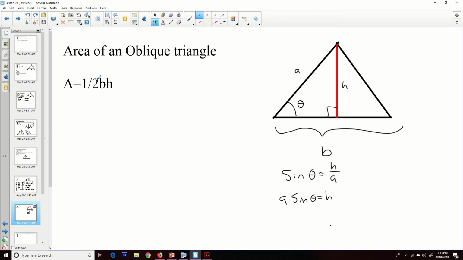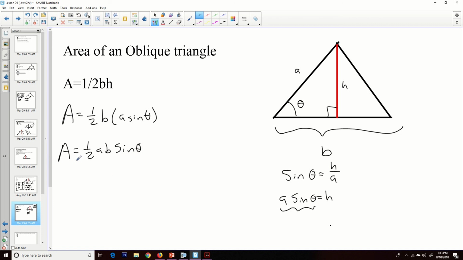So if I start with 1/2 bh, and I replace the h with this expression, a sine theta, and since it's all multiplication, let's rewrite it as 1/2 ab sine theta.